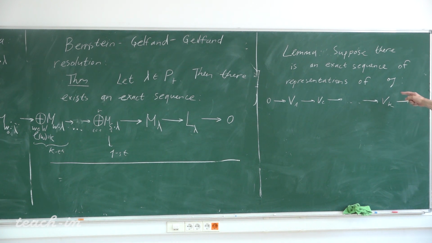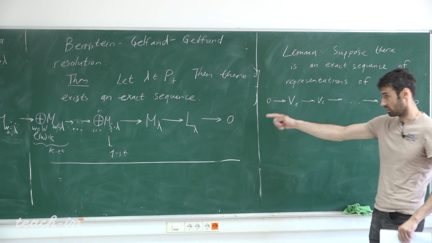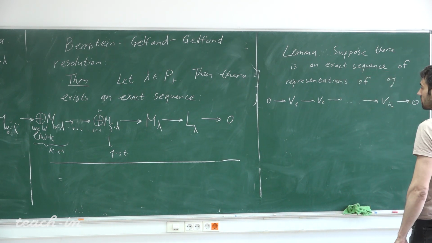And suppose that for each Vi, I can define weight. So in our case, it's just a direct sum of representations of highest weight, right, in the BGG resolution as well.